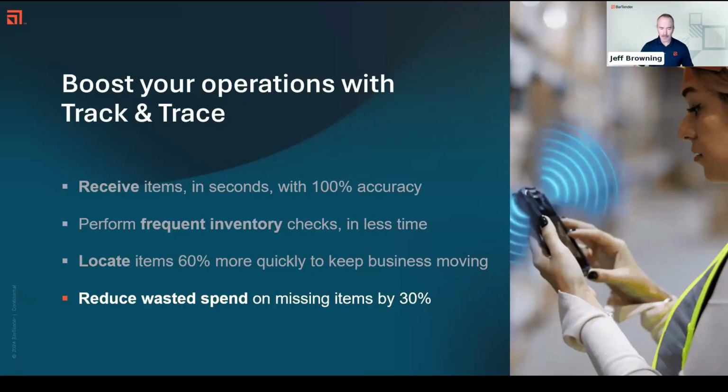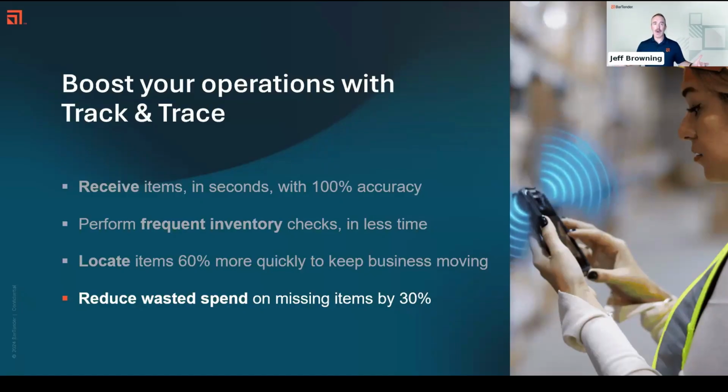At the same time, wasted spend. We've heard a number of people talk about wasted spend, how they actually purchased something just simply because they couldn't find it and they couldn't afford to slow their business down. And so by knowing what you have, by knowing where it is, helping people find it quickly, reduced spend on unnecessary items drops significantly. This is the interesting point.